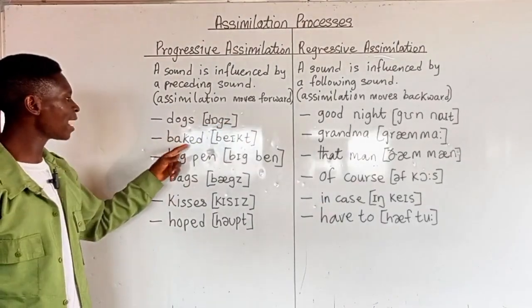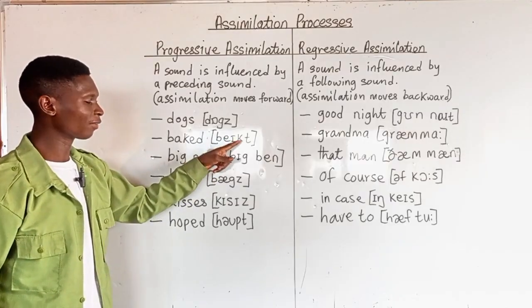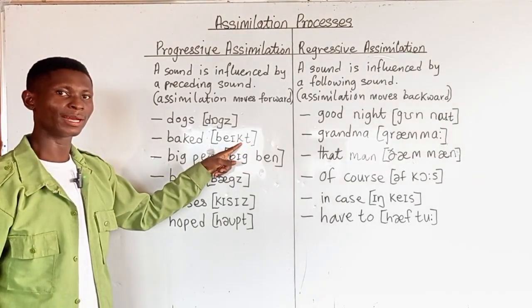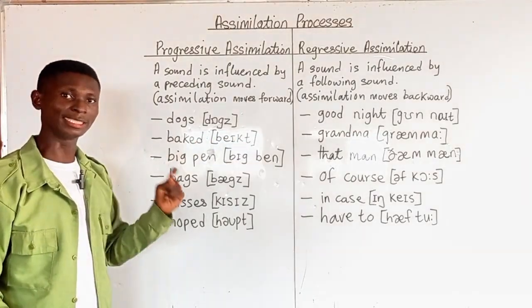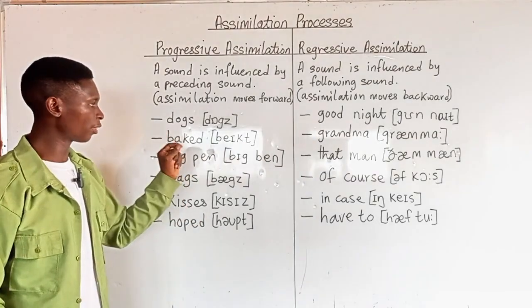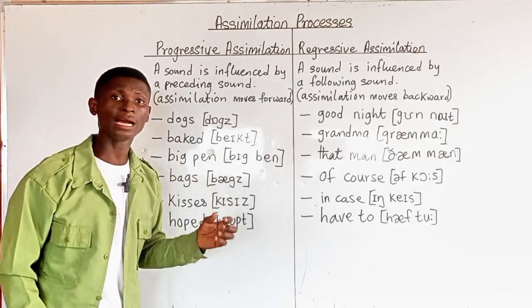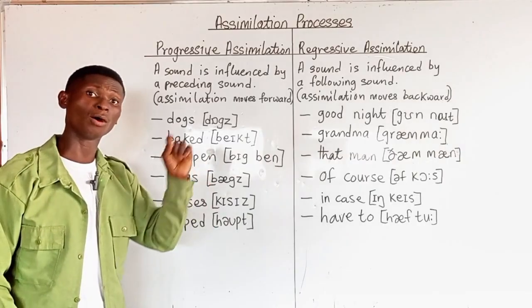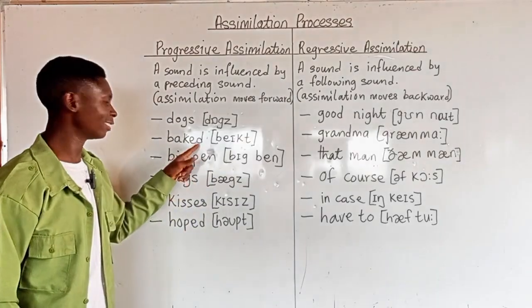Again, we have baked. So we have k before t. It's a voiceless sound, hence the ed here is realized as t and not d. Note that d is an alveolar plosive sound, alveolar because it is produced with the help of the tooth root. The tongue will be on the tooth root when you say d.